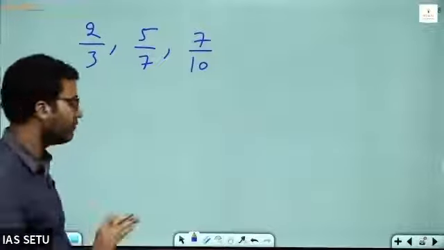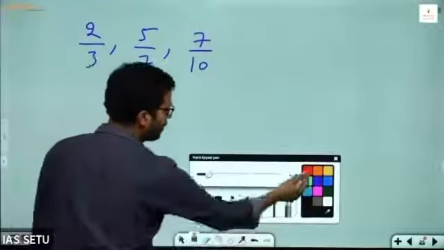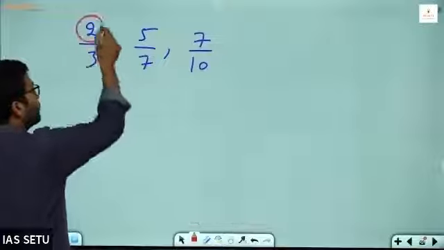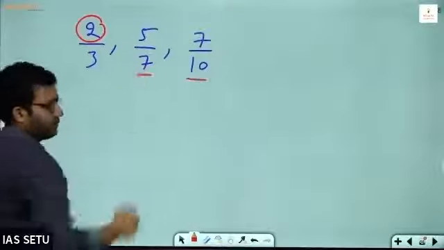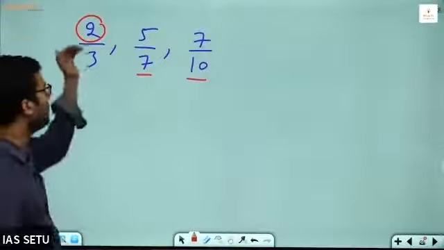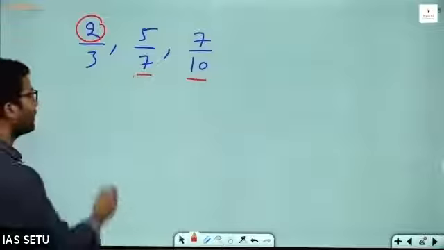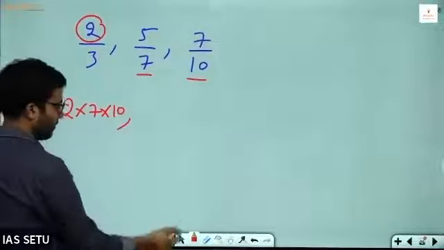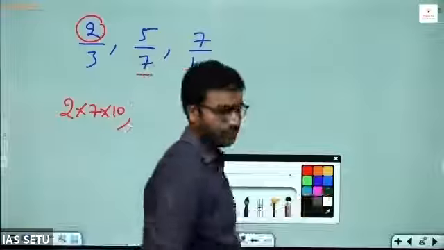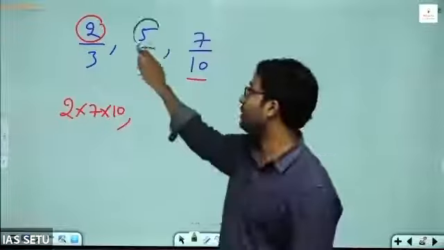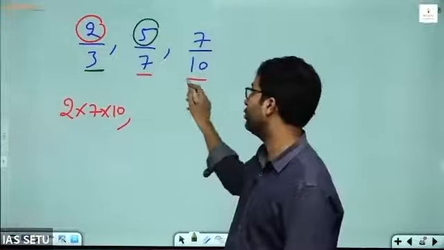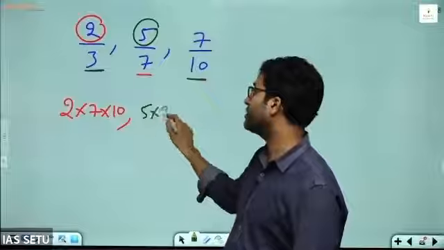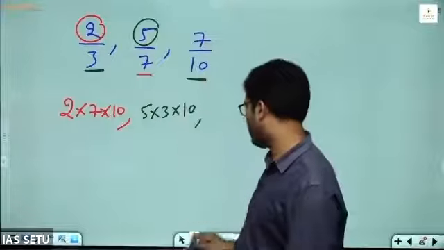Yes. How come we can use? The rule here is you have to multiply the numerator with remaining denominator. Actually, you have to multiply the numerator with the remaining denominator. So this is 2 into 7 into 10. Here, you have to multiply this numerator with the remaining denominator. So it will be 5 into 3 into 10.